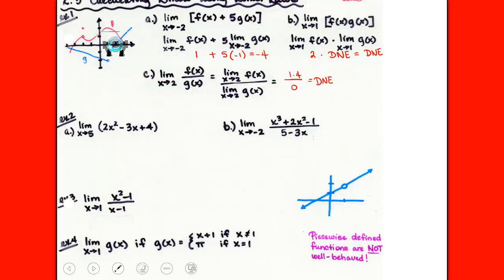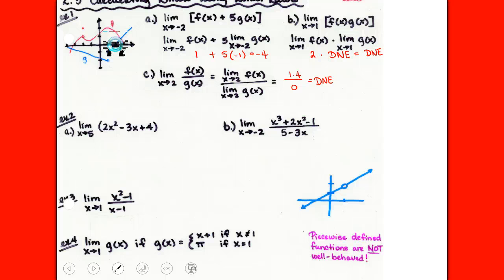So if you have a function that is just x, you can use direct substitution. It's well-behaved, it's continuous. That will give you the correct limit. The same thing is true in law number 9 when you have the limit of x to the n as x approaches a. Again, you can just use direct substitution there, and your answer would be a to the n. That would give you the correct thing.